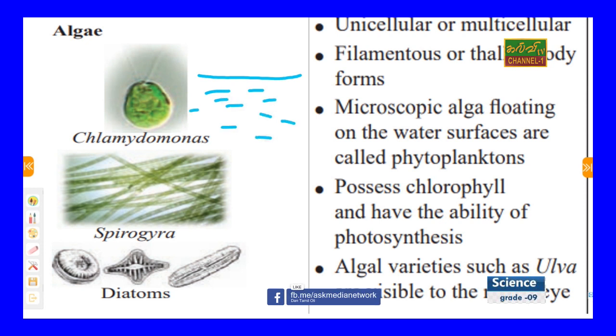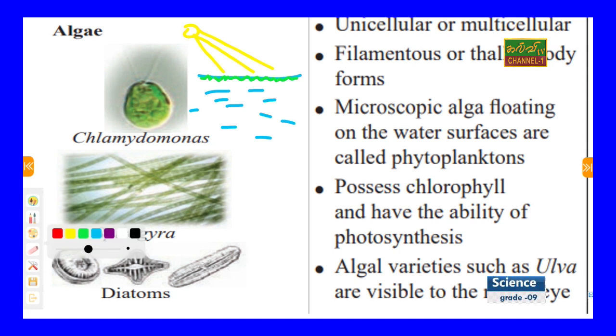On the ocean surface, some small microbial plants are floating. That is called plankton, phytoplankton. Phyto means light, so they can utilize solar power and produce food. You know the whales also depend on this.